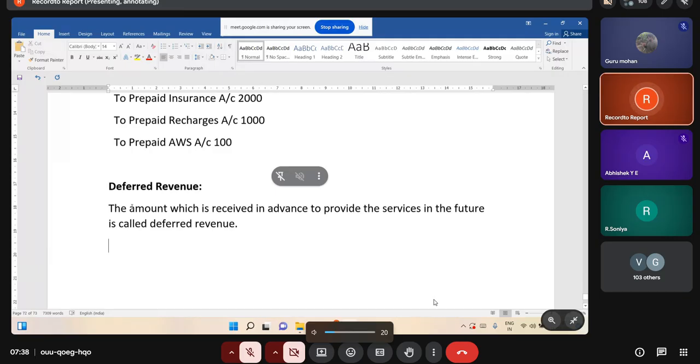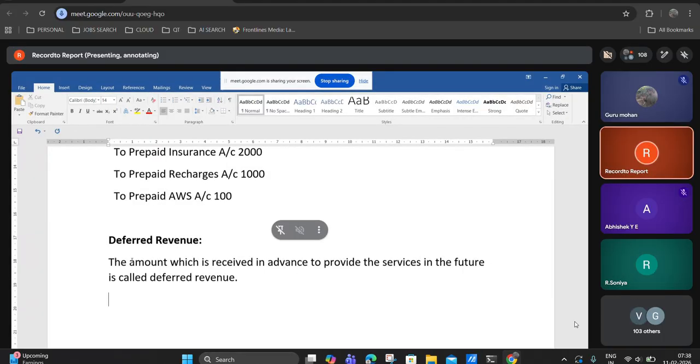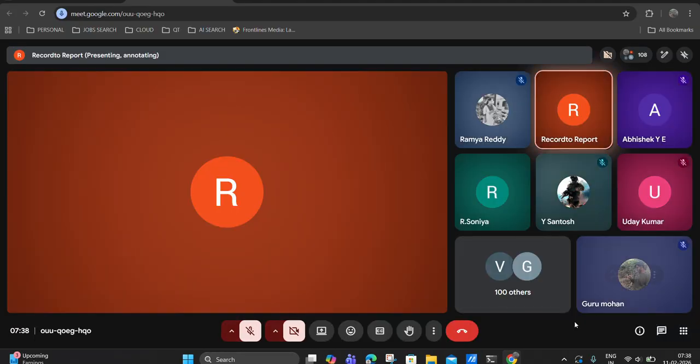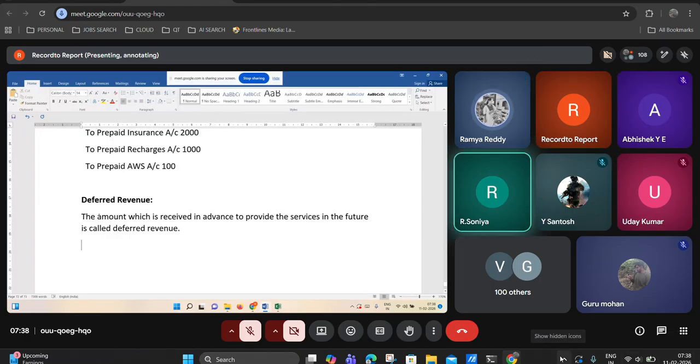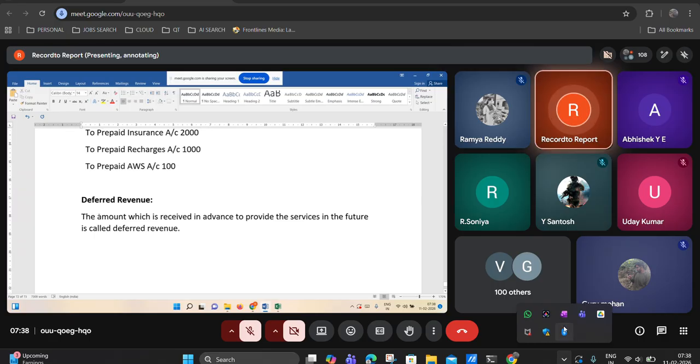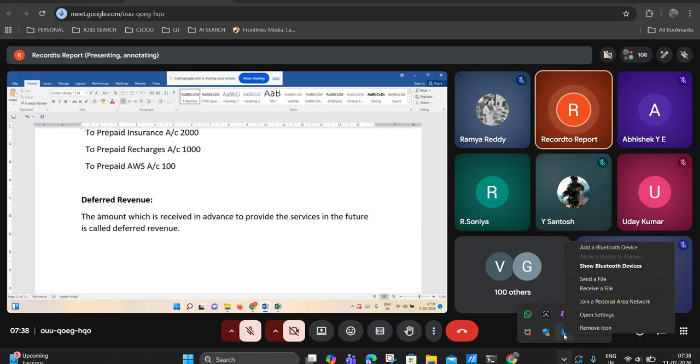So for the Geo company, is it deferred revenue or prepaid expense, guys? Deferred revenue. For Geo, it is revenue, since the amount is received from a customer in advance. That is called deferred revenue.